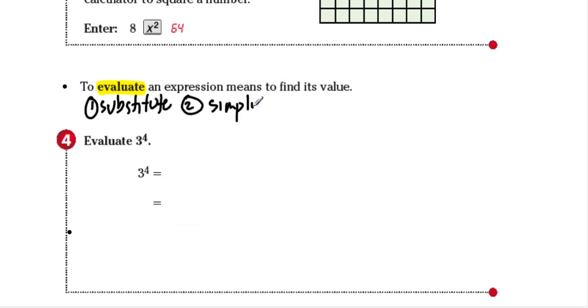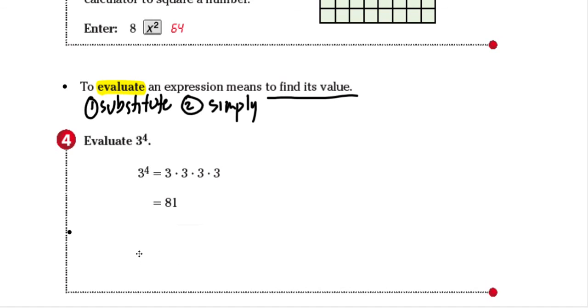Most often than not, when you find the value of an expression, you need to substitute, and then you need to simplify. So when you talk about 3 to the 4th power, substitute the value of 3 to the 4th power or expand this. So this becomes 3 times 3 times 3 times 3, or simply 81.